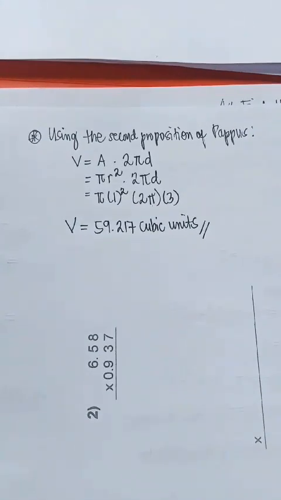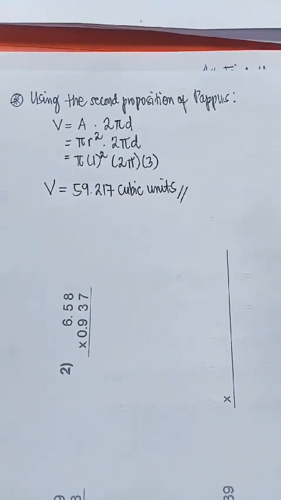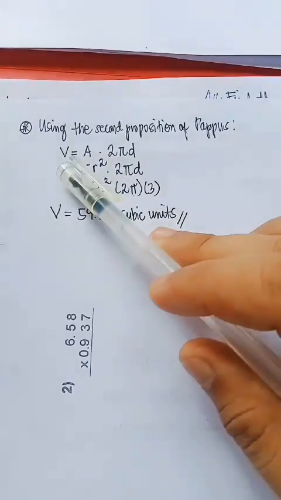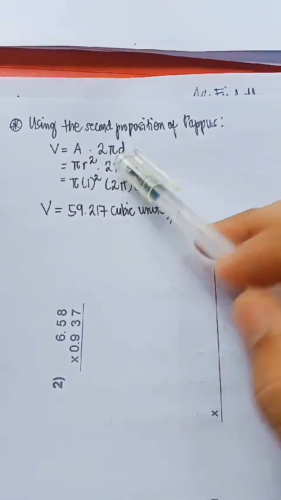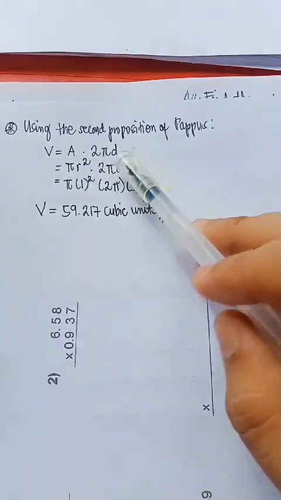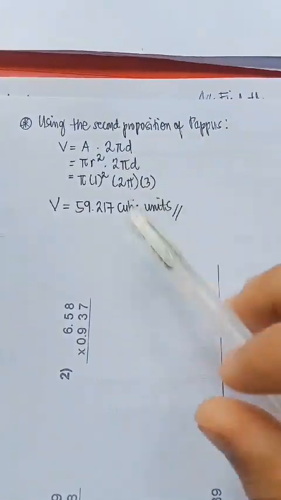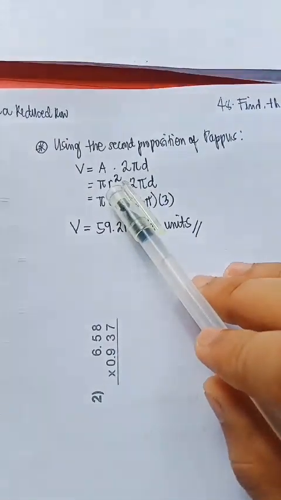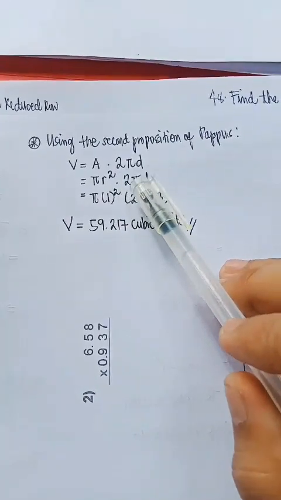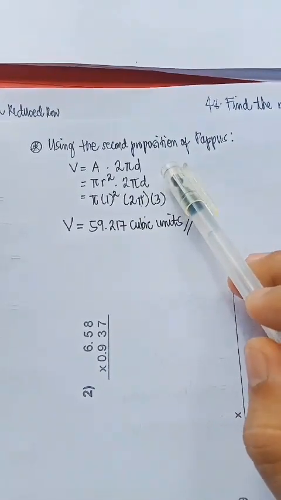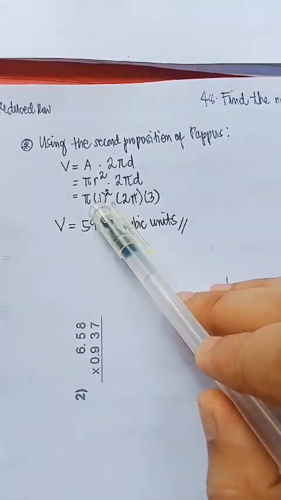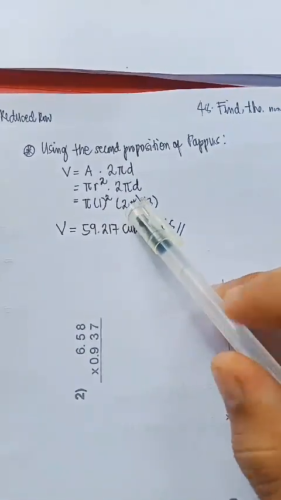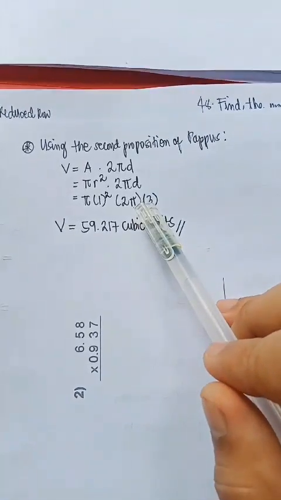And by using the second proposition of Pappus, we have V equals A times 2 pi d. That is pi r squared times 2 pi d, so pi times 1 squared and 2 times pi times 3.